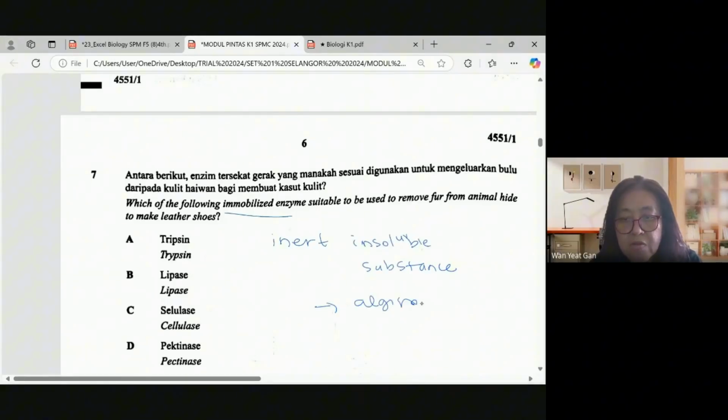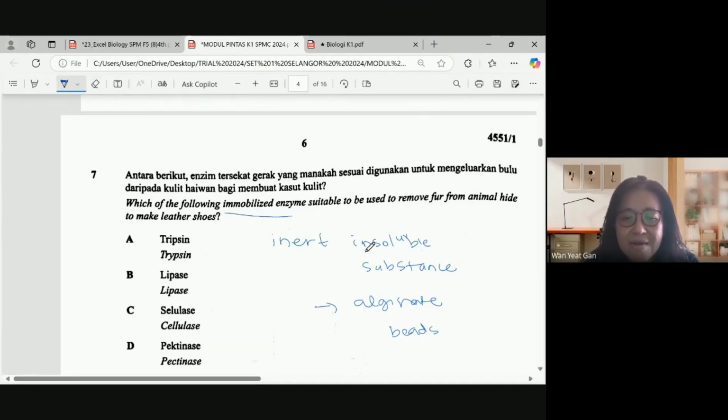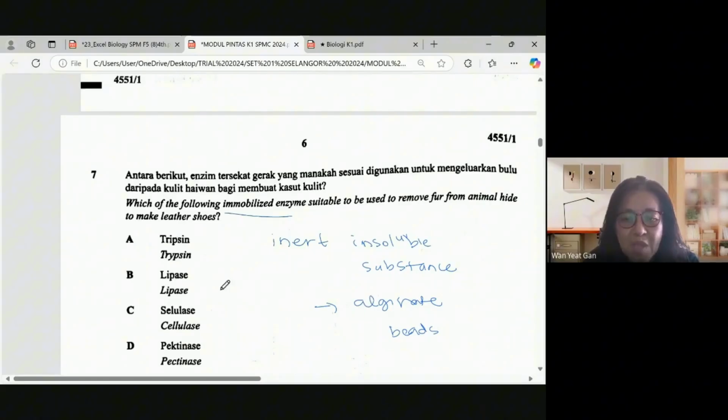So the enzyme will be immobilized, meaning it will stay put and will not move to hydrolyze the substrate. The one that is suitable to remove fur is trypsin. Trypsin is an enzyme for the substrate protein. So here the answer is A, 7A.